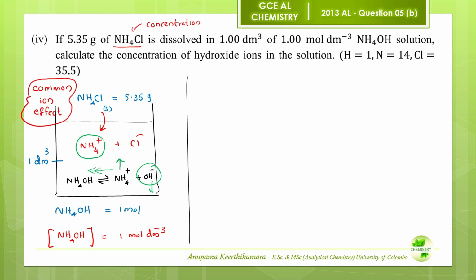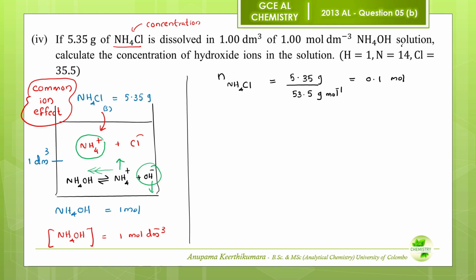To continue the question, we need the concentration of the added ammonium chloride. First, we will calculate the number of moles of ammonium chloride added into the solution. Number of moles equals mass divided by the molecular mass. Mass of added ammonium chloride is 5.35 grams, divided by the molecular mass 53.5 grams per mole, equals 0.1 moles.